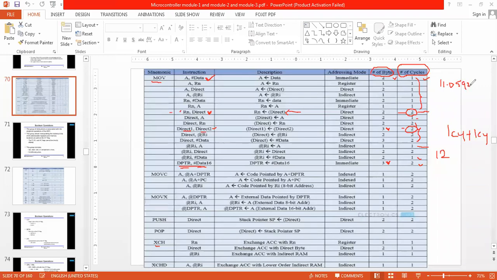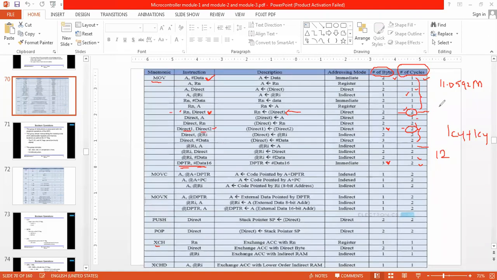11.0592 megahertz. Of all these megahertz, one instruction is going to take either 1 machine cycle or 2 machine cycles, or it may be 3 machine cycles also. We have some instructions which consume 3 machine cycles to be executed.